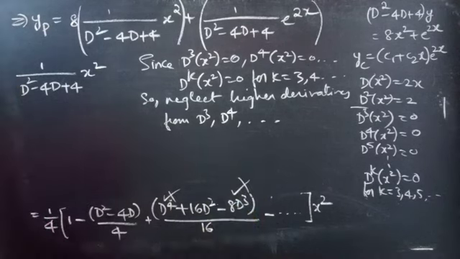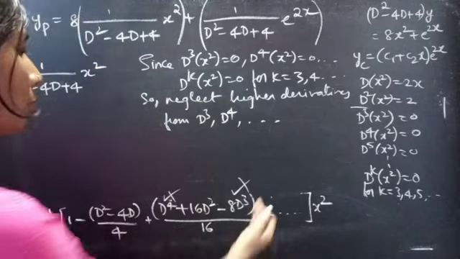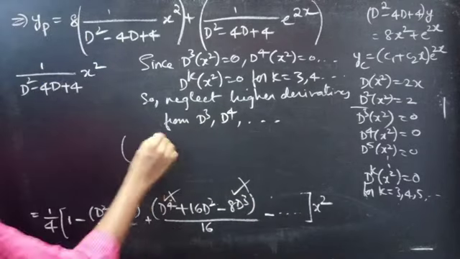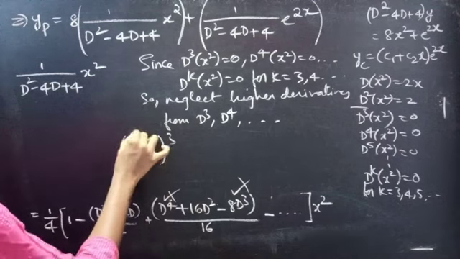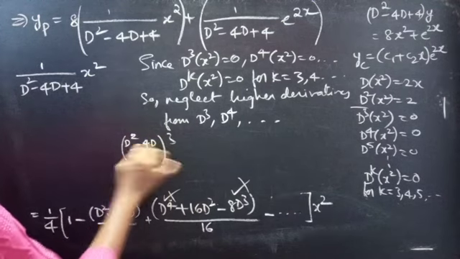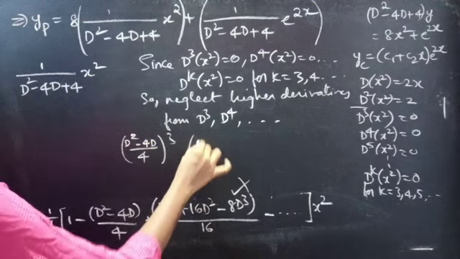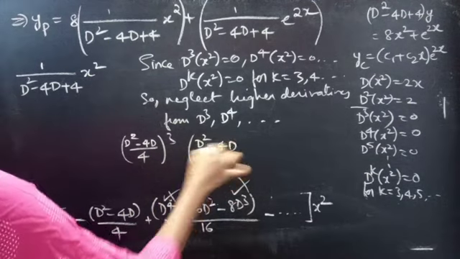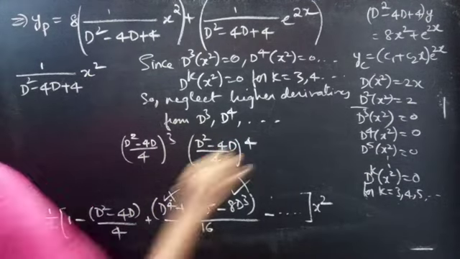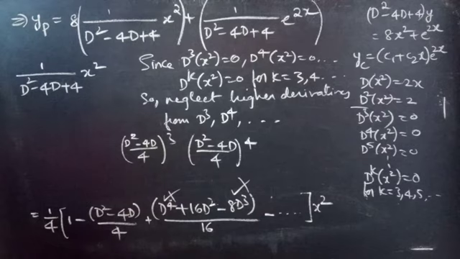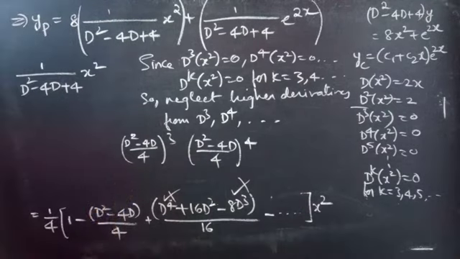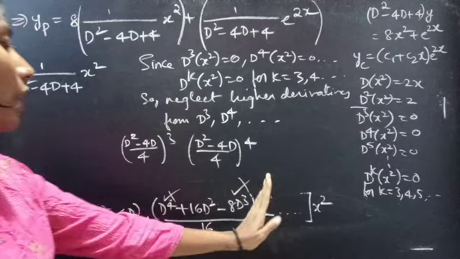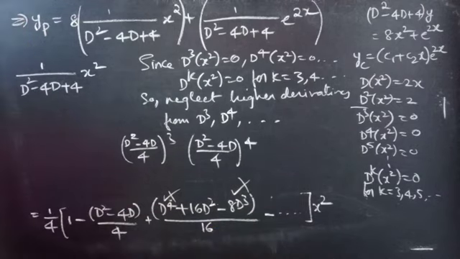We can neglect all the terms from here because here we are going to get whole cube, that means (d square minus 4d) by 4 whole cube, (d square minus 4d) by 4 whole power 4. We'll always get higher derivatives from here, which involve d power 4, d power 5 and so on.